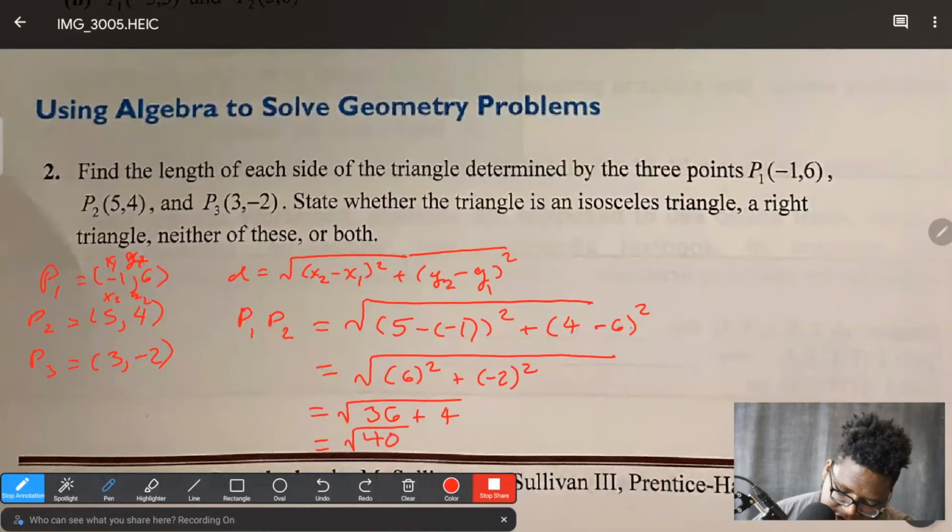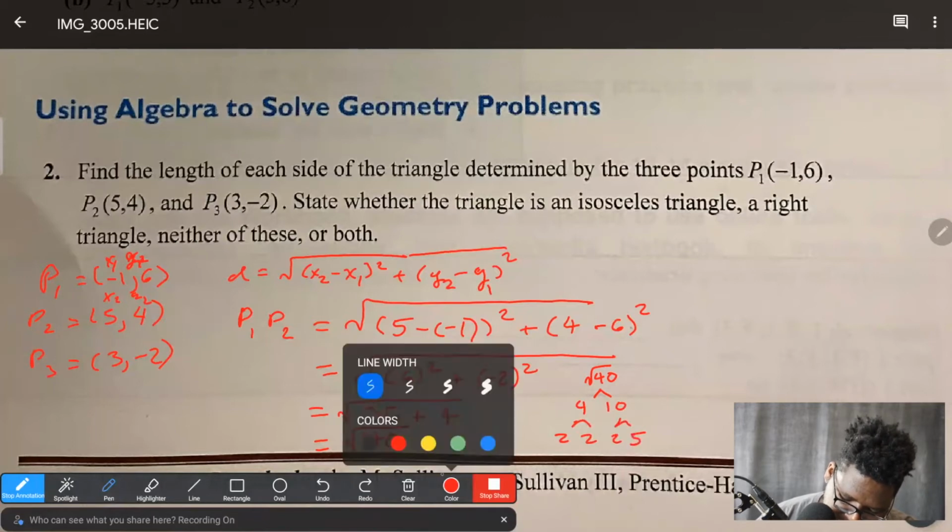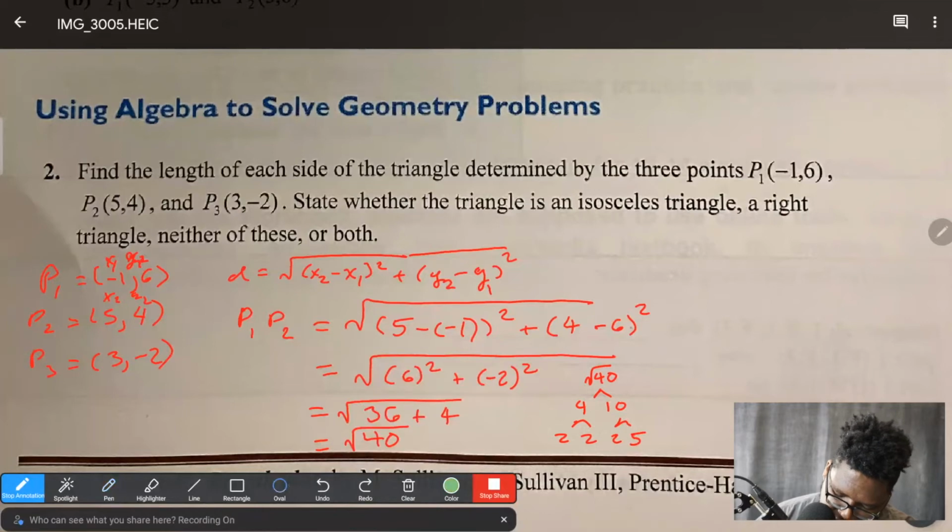Now what we need to do is simplify this. So we look at root 40. We break it down into 4 times 10, and this is 2 and 2, and this is 2 and 5. So we're looking for pairs here. There's a pair of 2's, so you can bring these 2's out of the radical, right?